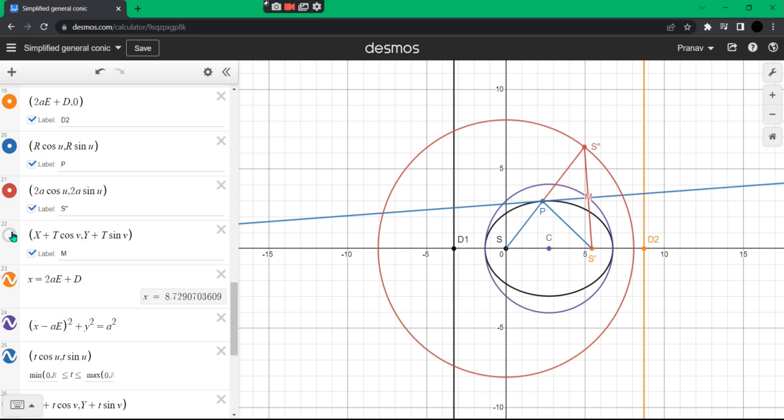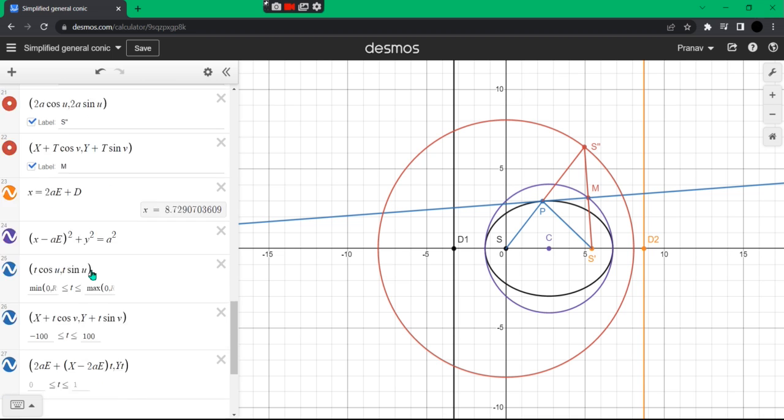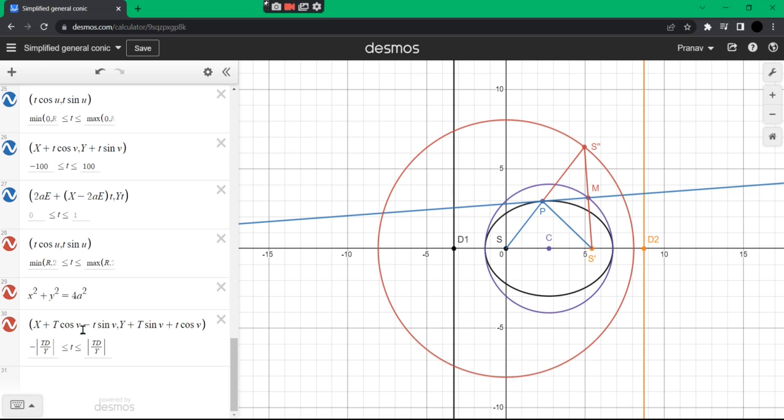So this point is capital M, and then just add to that this other vector, I mean, a scale multiple of that, and let T go from the maximum that this could be, so maximum length, which is 2 times T D upon y, because of course tan of this angle is T upon y. That's going to be this thing, and then negative, right? So you do this thing, and you'll get this line.